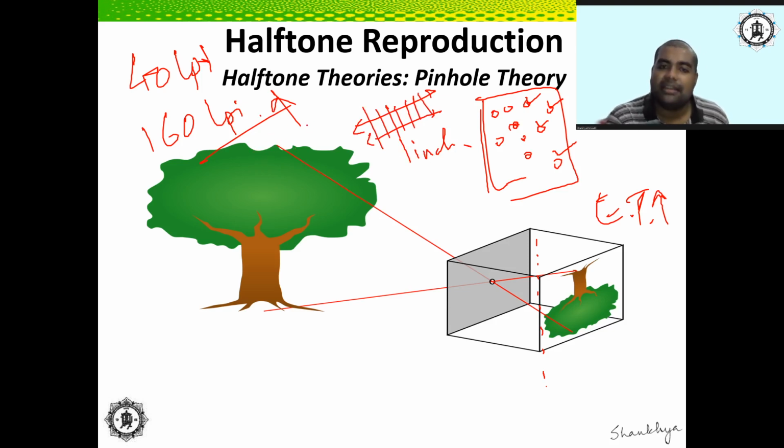This is one screen, right? And in the other screen there are only 40 lines per 1 inch. So whose resolution will be higher? In one linear inch, in which screen will we get a greater number of halftone dots? Definitely the one reproduced using a 160 LPI halftone screen, right? Because its resolution is higher.